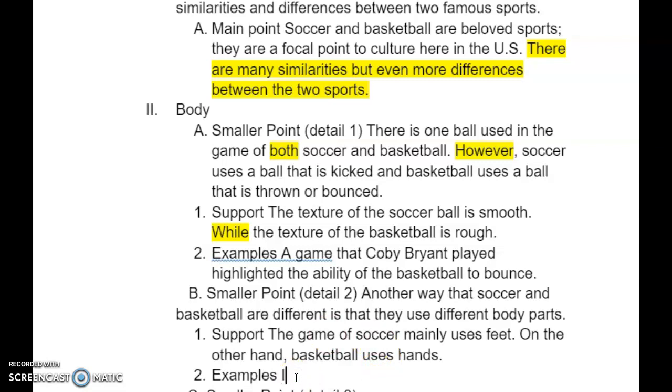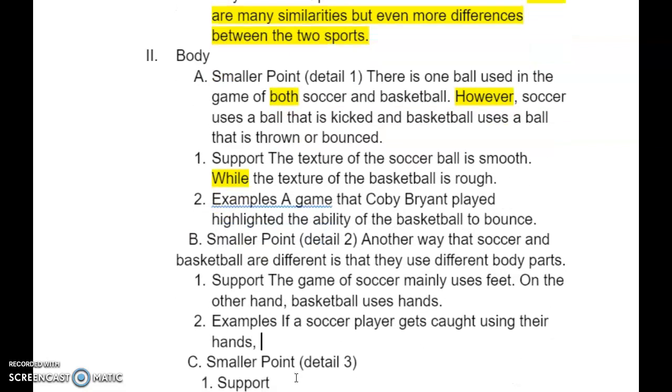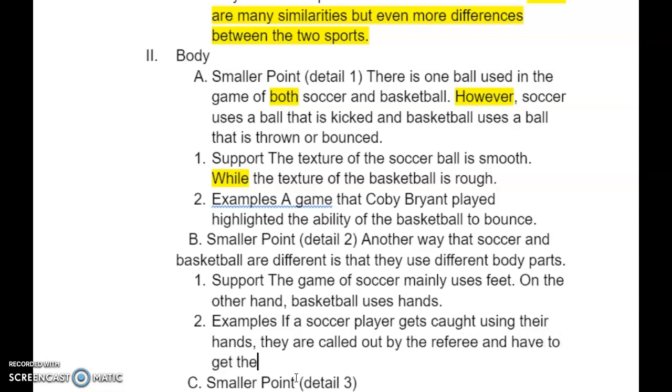Okay, then an example would be if a soccer player gets caught using their hands, they are called out by the referee and have to give the ball to the other team.